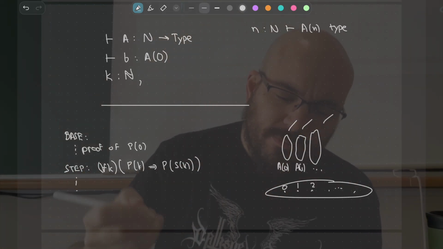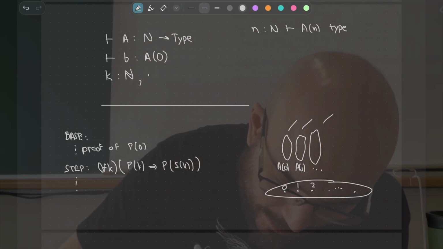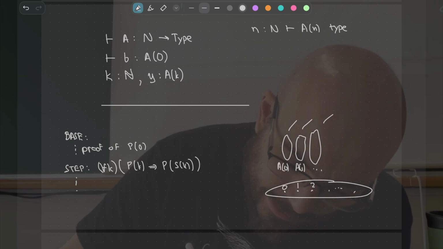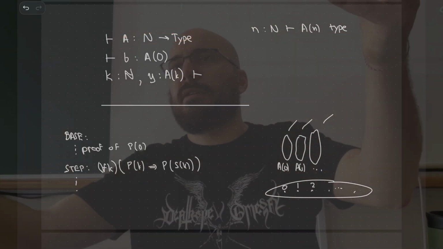Okay, so how should we call it? I don't have a good name for it. Let's call it y. A of k. And if I have these things, first of all, I need a family of types. This represents the thing I want to prove.